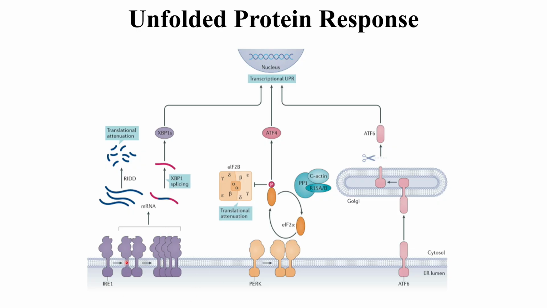In the adaptive unfolded response, it is meant to break mRNAs so that it can stop more formation of proteins, because now the endoplasmic reticulum is in stress and is not able to properly fold the proteins. So, IRE1 wants to stop the mRNA from going into the endoplasmic reticulum, so that it stops the protein formation, it stops the translation.